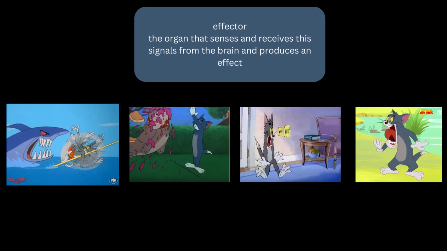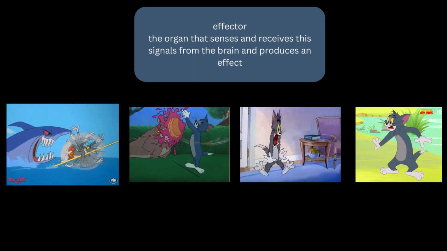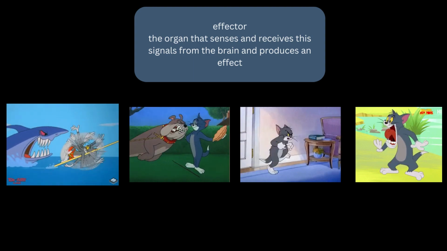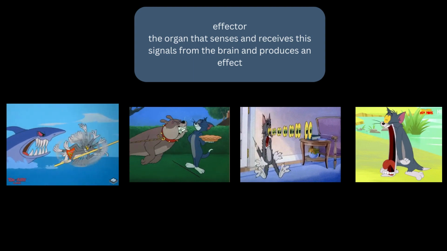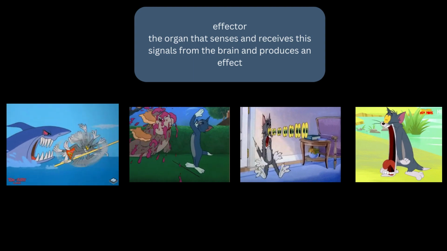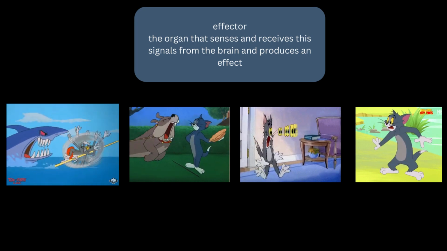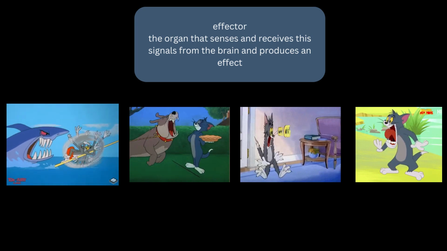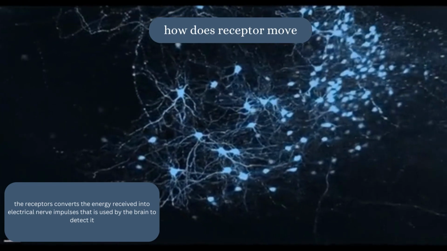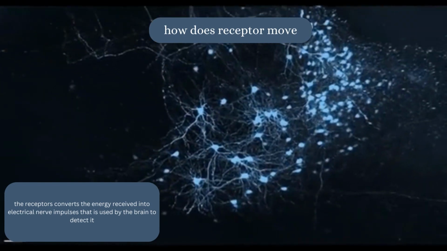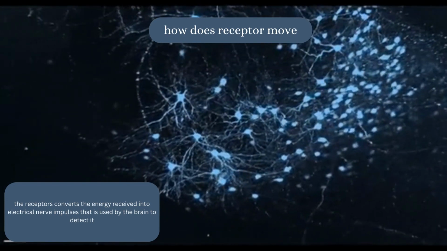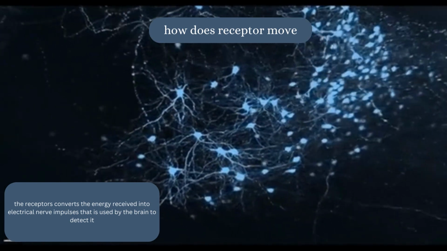His muscles are moving very fast, his hands are moving very fast, so he can swim faster. Then there's again this dog who's going to be biting, and the first reaction of Tom is to throw the pie. Then two things are very scary, or something's going wrong. You can see Tom's eyes bulging out and his jaw dropping. That's also effector.